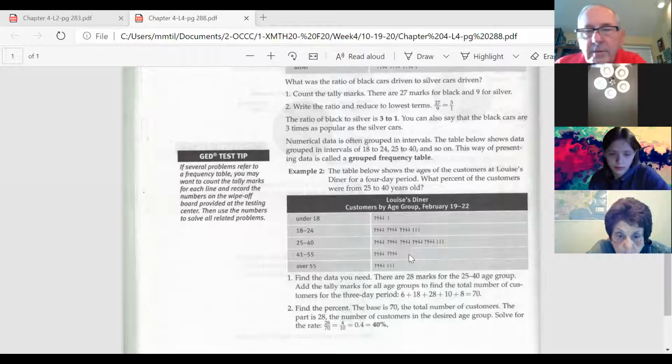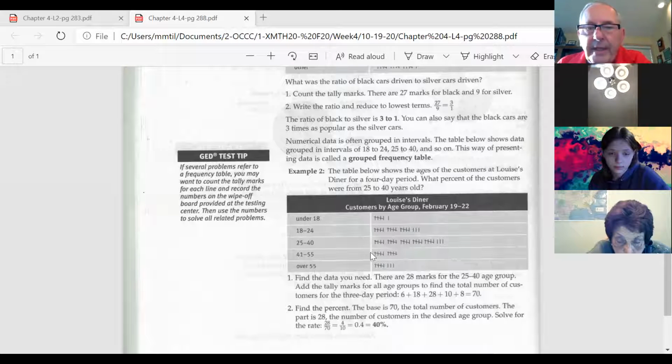Okay, well, let's talk through it then. You've got 70 data points altogether, right? If you add up all these data points, it's 70. So the question is, how many data points were in this category, 41 to 55? Then you convert that to a percent.